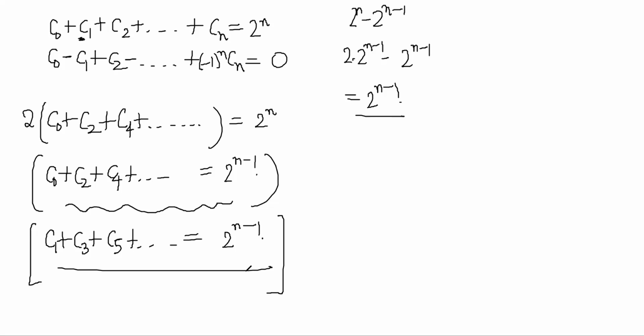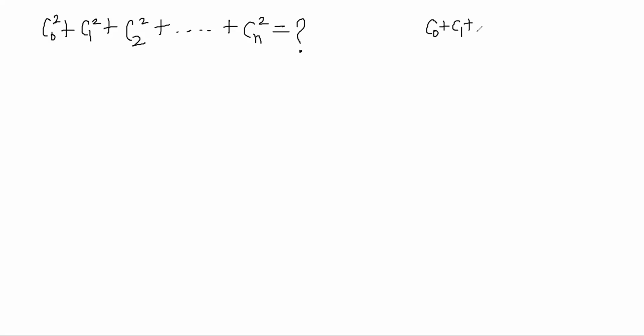Then, for example, let's try to find out the value of this. Right now, what do we know? We know C0 plus C1 till Cn is equal to 2 power n.